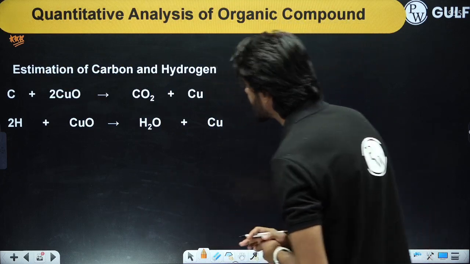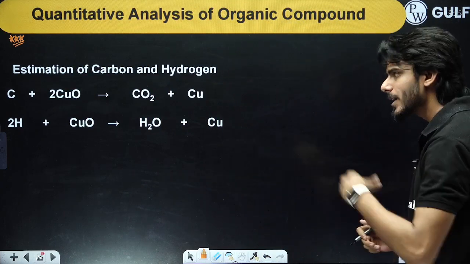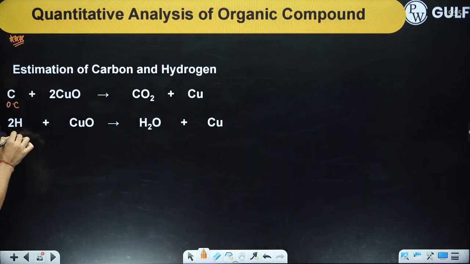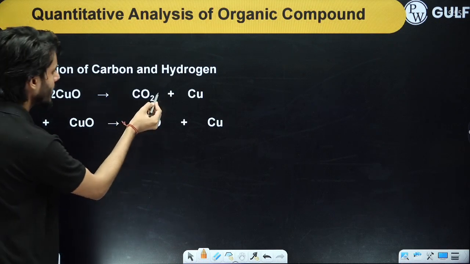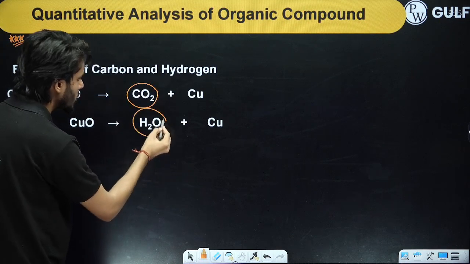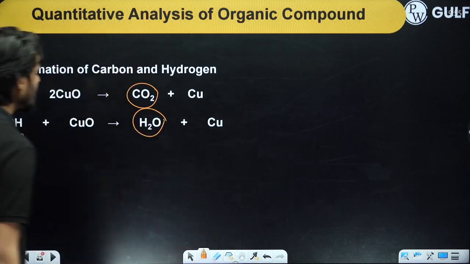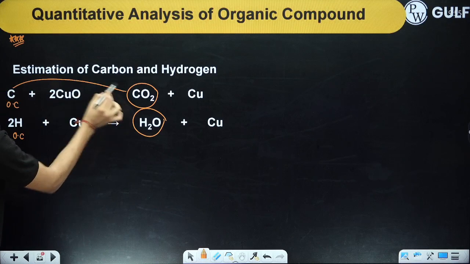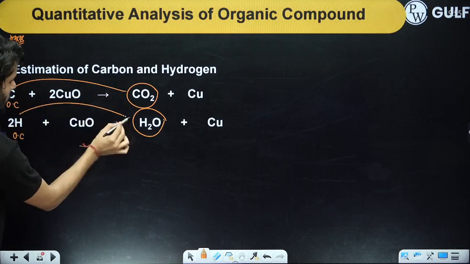Now let's understand the estimation of carbon and hydrogen. So again, we have the carbon from the organic compound, and the hydrogen from the organic compound. They will reduce your copper oxide and make carbon dioxide and H2O. Now if you look at this, you have a stoichiometric relationship between carbon and carbon dioxide, and between hydrogen and H2O.